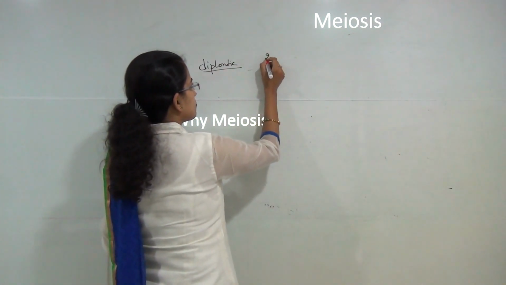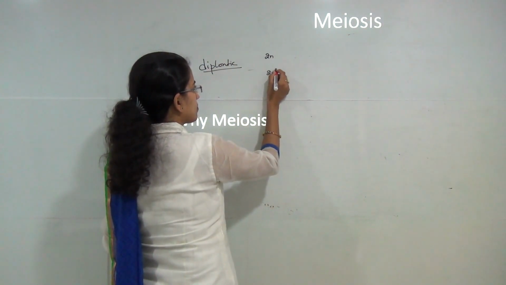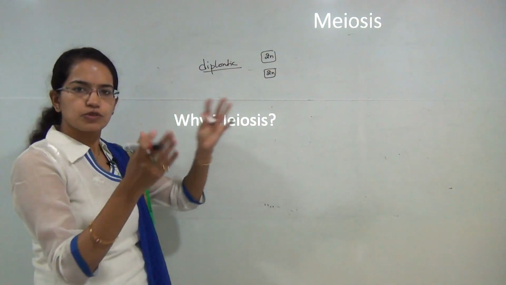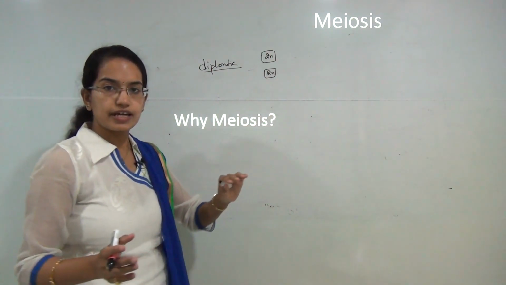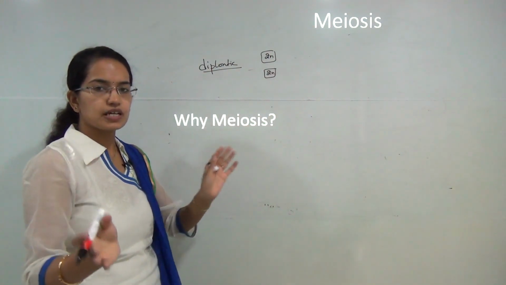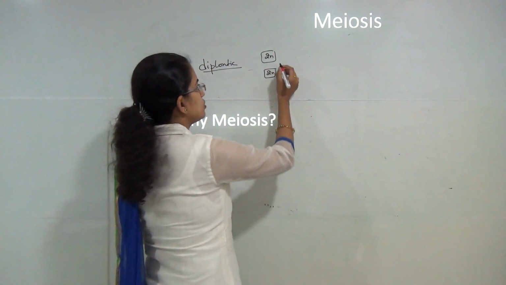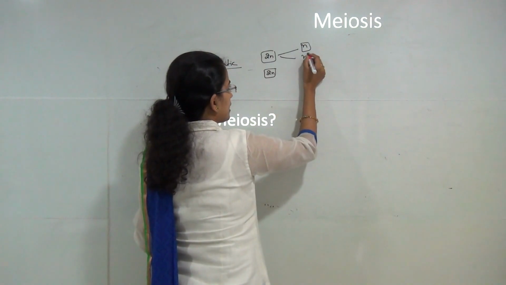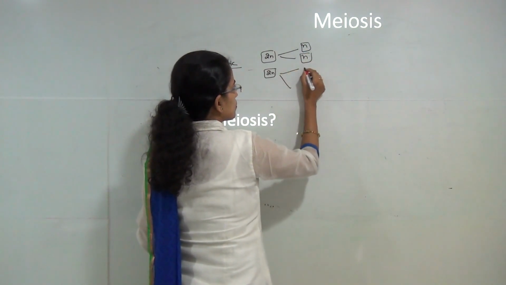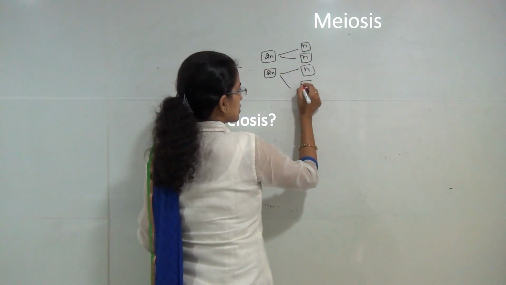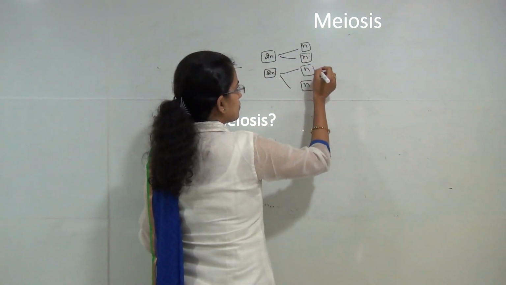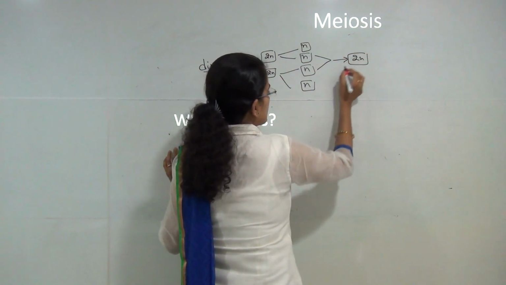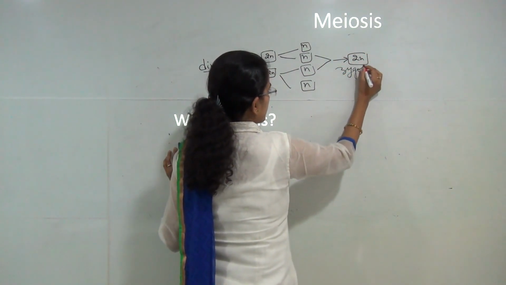So you have parents which are 2n or diploid. Now if these diploid fuse together, it would create a much bigger nucleus which won't be feasible. So what happens is, you have n that is produced from these, and these n finally fuse again to form 2n, and this fusion is by means of zygote.